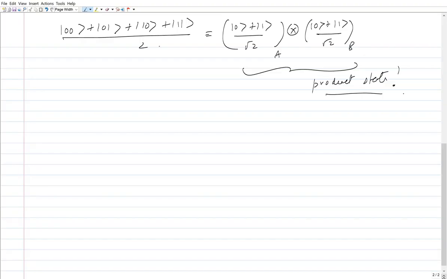So hence it's an unentangled state. It is a product state as a state on a system A tensored into a state on a system B. Though in an expansion of this form, it was not easy to see that. That's why we need a Schmidt decomposition.